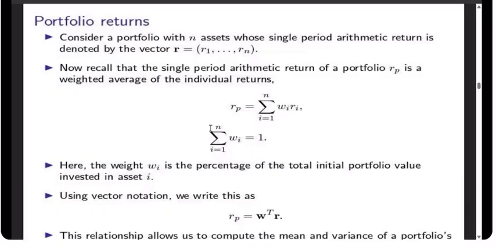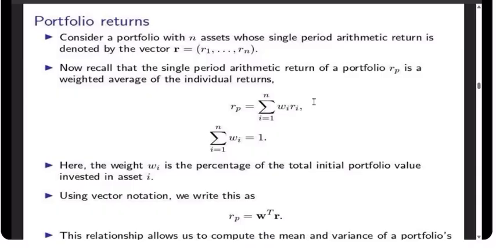Now, if I want to find the return of the portfolio, don't forget, it's going to be a weighted average of the returns from individual assets. So what you're seeing here is the same thing as W1 multiplied by R1 plus W2 multiplied by R2, and so on.